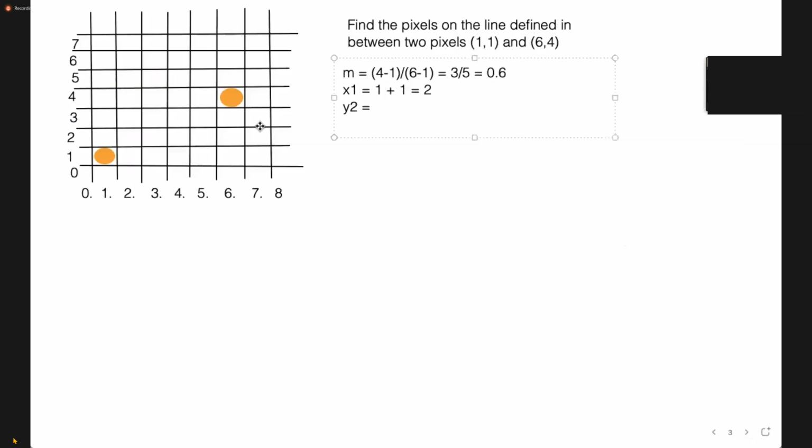What is the current y position? Y position is 1. Y position is 1 plus m, which means 0.6, equals 1.6.